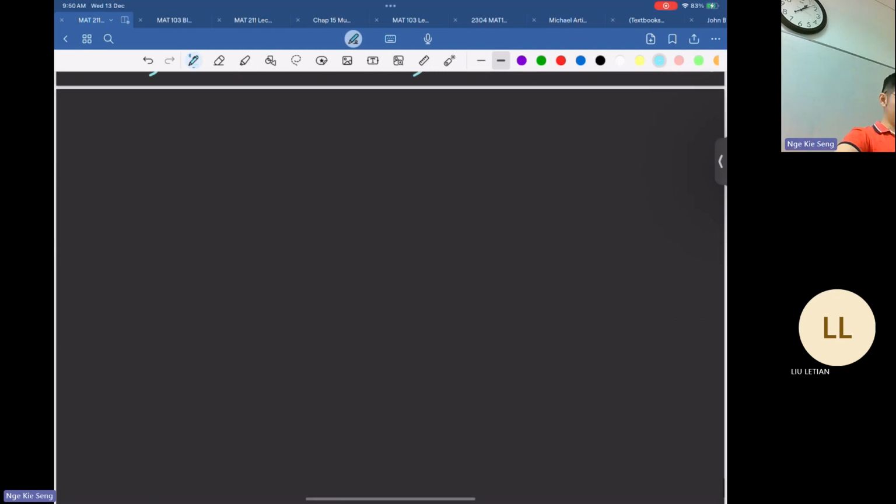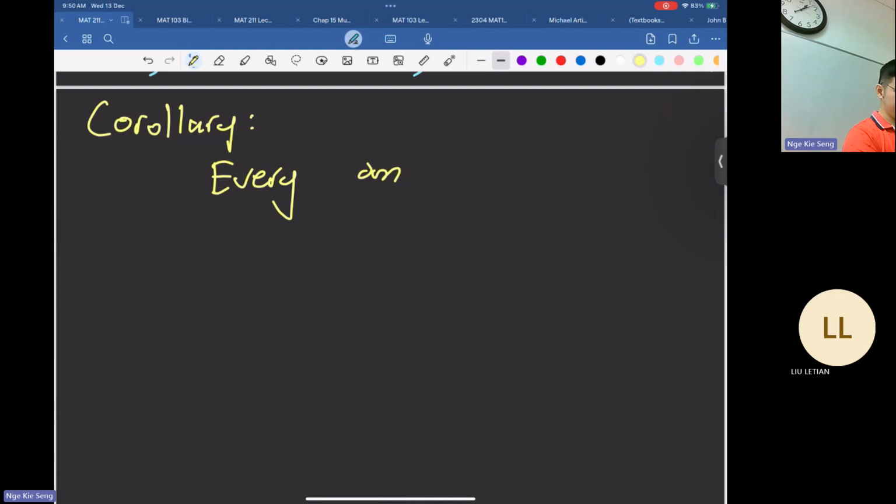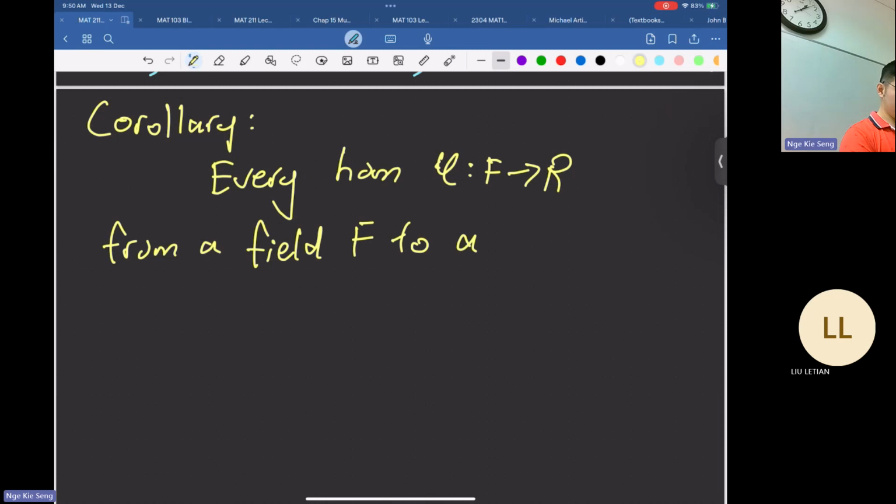Okay, so I give you the last corollary and then we'll finish. The last corollary is: every homomorphism phi from a field F to a non-zero ring is injective.